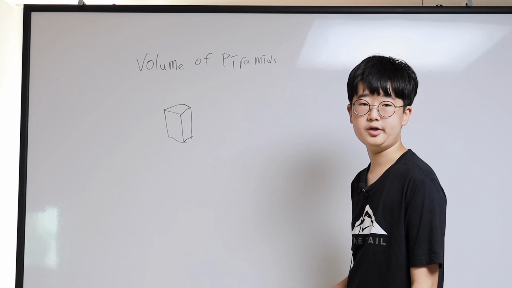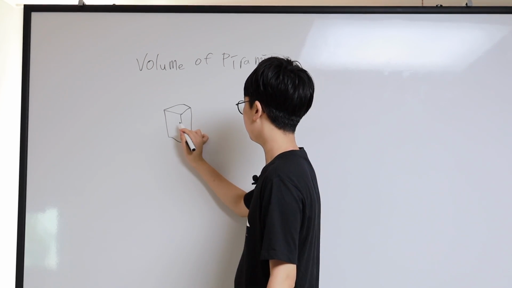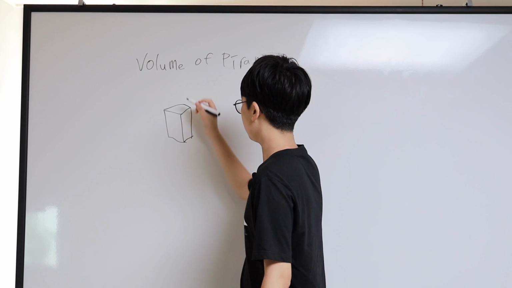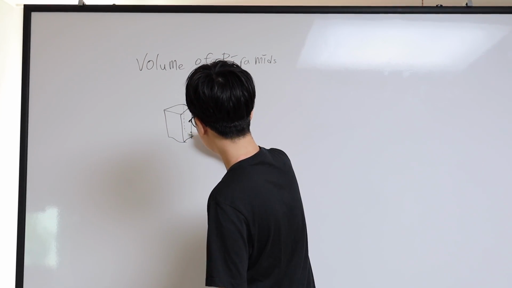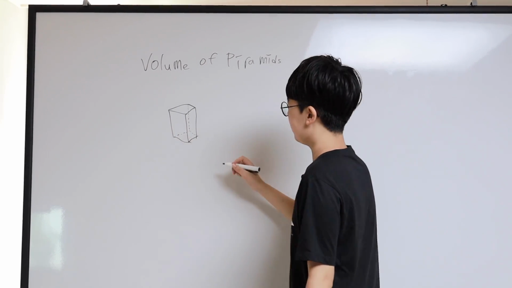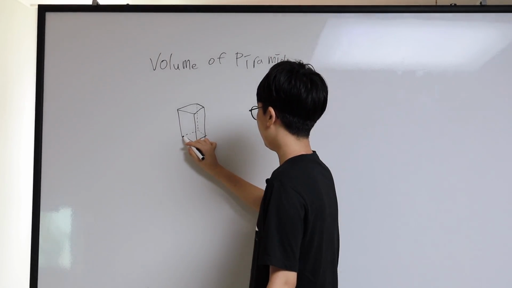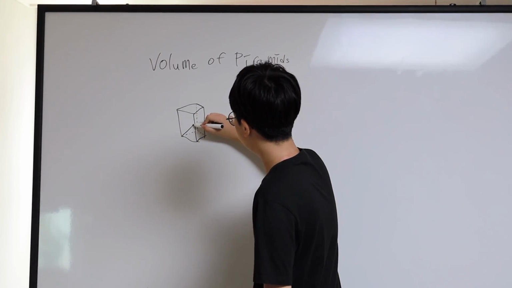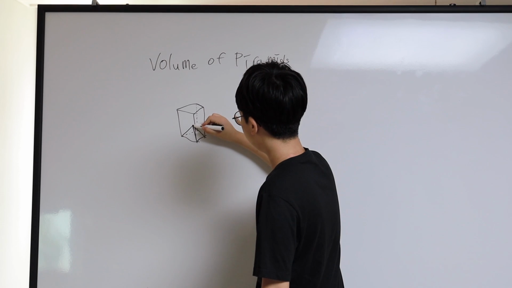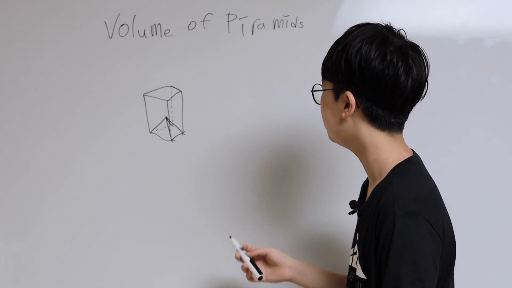Now what we are going to do is imagine something like this. Wait a second, let me draw that thing. And we are going to think of a pyramid that is in the rectangle cube thingy, like that.